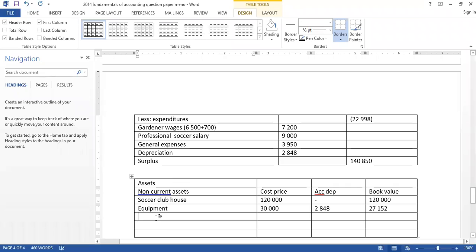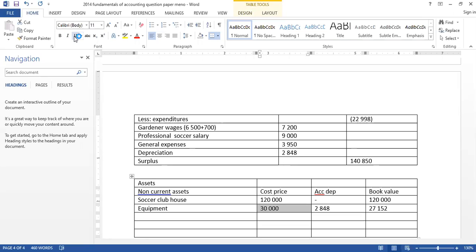Now looking at this, these are our only fixed assets that we have. So we'll need to add up our amounts. 120,000 plus 30,000, obviously this will give you 150,000.